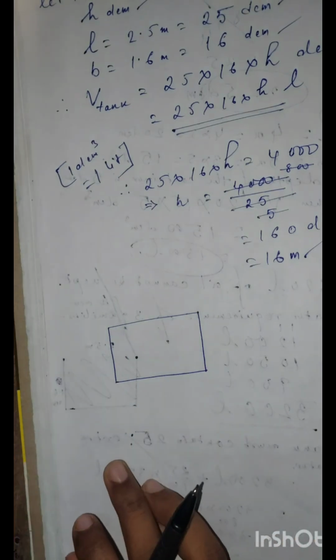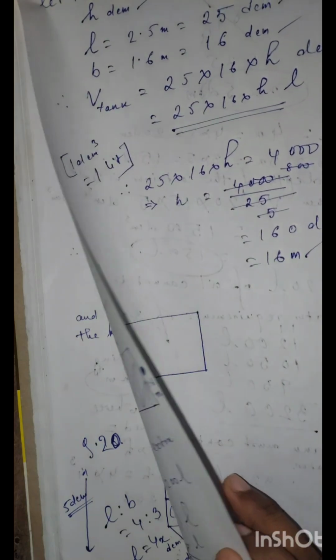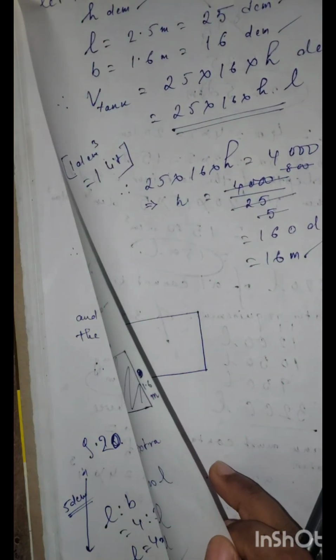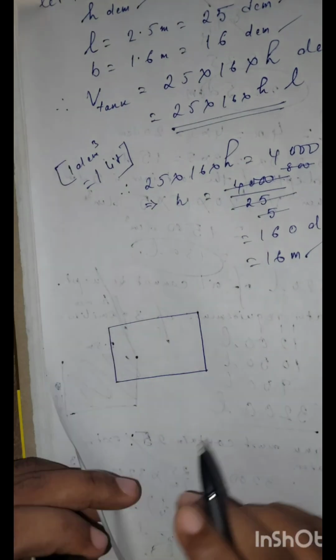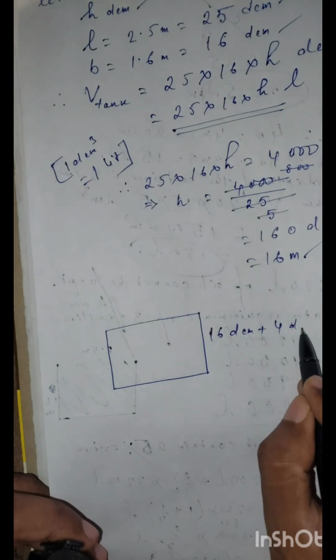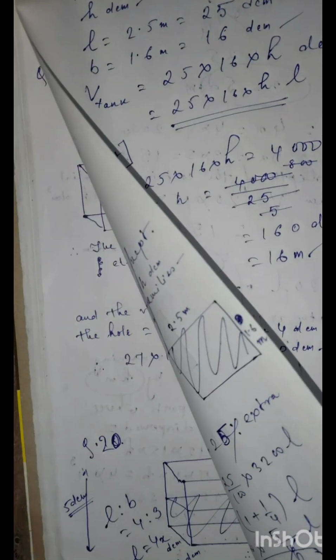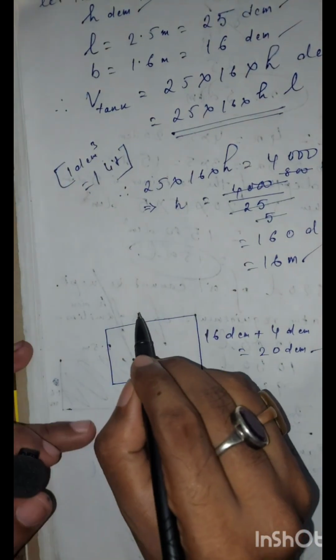If the breadth is increased by 4 decimeter, previous breadth was 16 decimeter, it is again increased by 4 decimeter. Now it is 20 dcm, and the length remains same, 25 dcm.